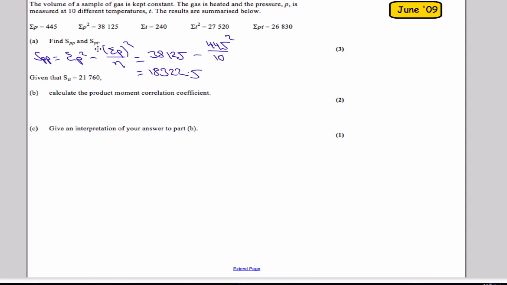Now I need to calculate Spt. Spt will equal the sum of PT minus the sum of P times the sum of T over n. Substituting these values in, the sum of PT is 26830 minus the sum of P times the sum of T, 445 times 240, over 10.